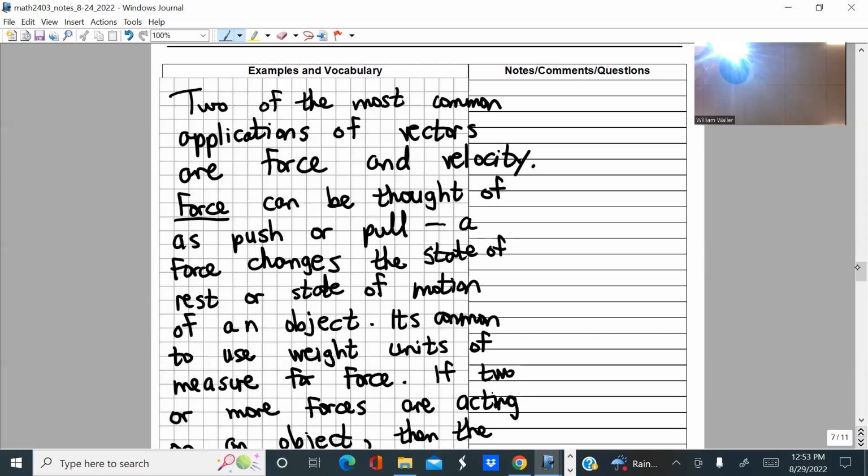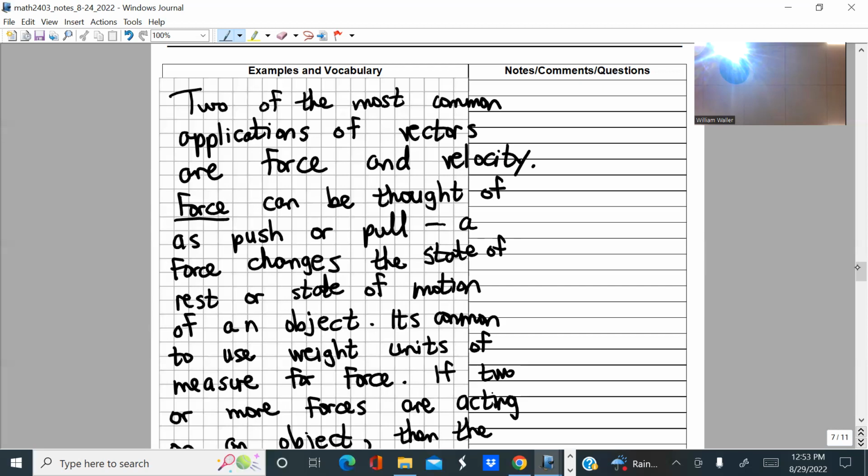So when you're discussing force, or trying to do calculations with force, you need to incorporate the amount of the force, plus the direction of the force is important as well. And so that's why vectors are useful to represent force, because there are two measurements that are incorporated into vectors: the magnitude of the vector, but also the direction of the vector.